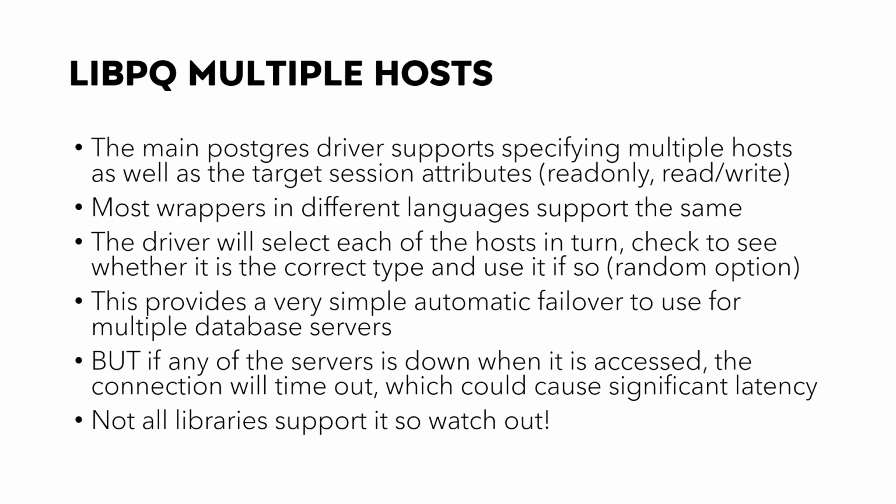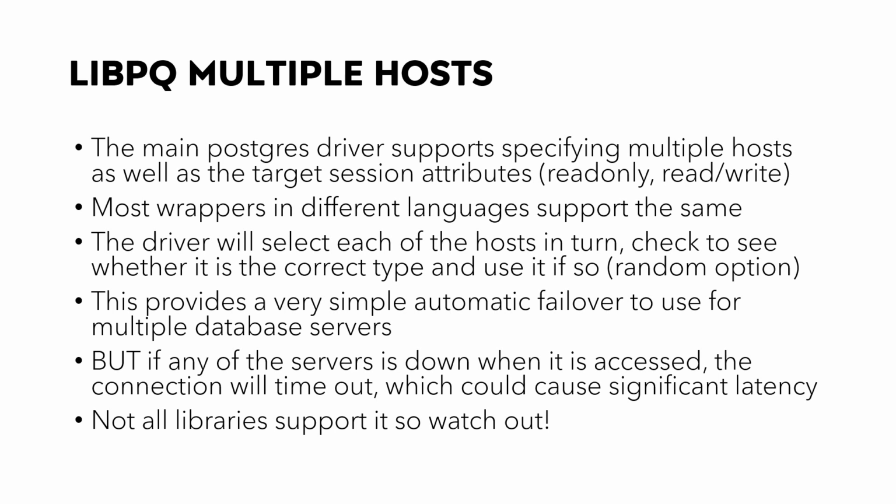Now, there is a random option which adds its own complications to it, but by default, it will read through those hosts one after the other, and it remembers the status of it for a short period of time, maybe about 5 seconds.